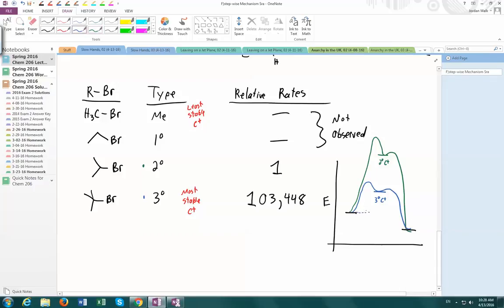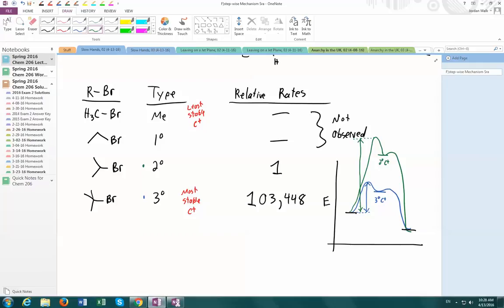So here, that's our activation energy, and then here's our activation energy for the secondary. So, pretty big difference.